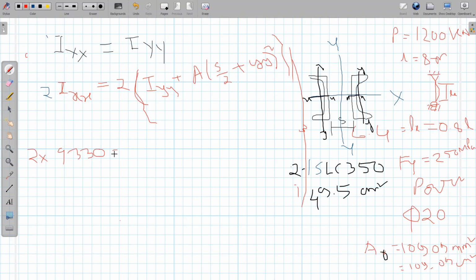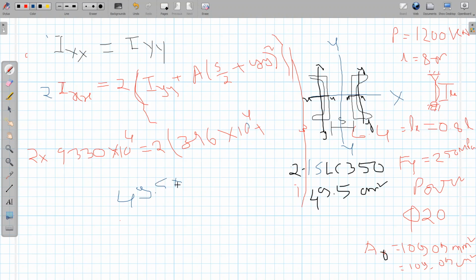Or if you want, you can convert to mm, then it will be 10 to the power 4 mm to the power 4, equal to 2 into IYY, whose value is available in the code book, 396 into 10 to the power 4, plus the area, 49.5 cm square.